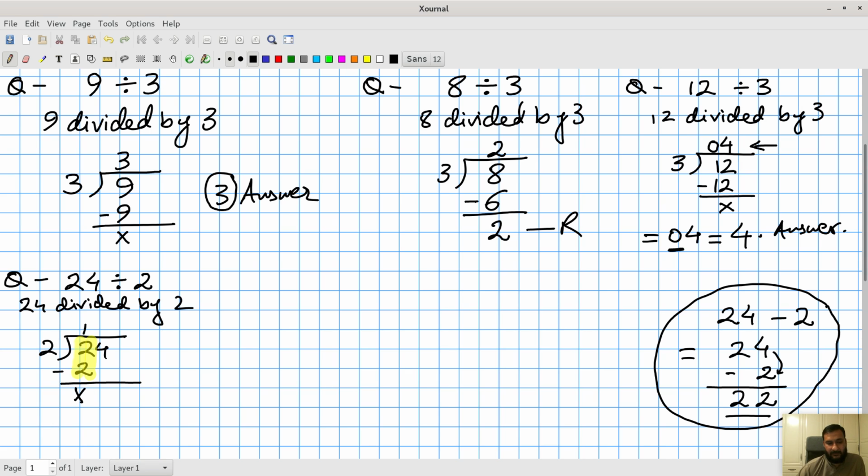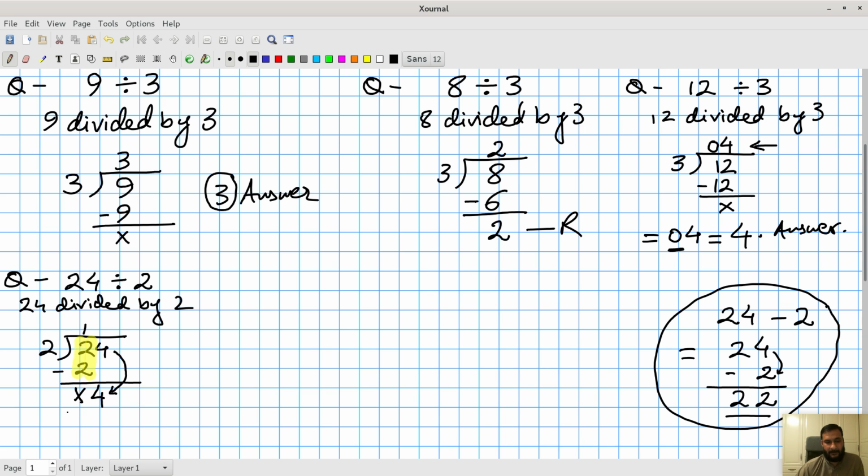Then we go for the next digit, which is 4, which is still remaining to be processed. Since 4 is left, it is 4's turn to fall below the line which we drew here. So now 4 will come here.